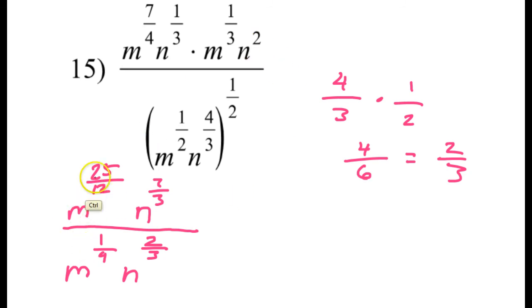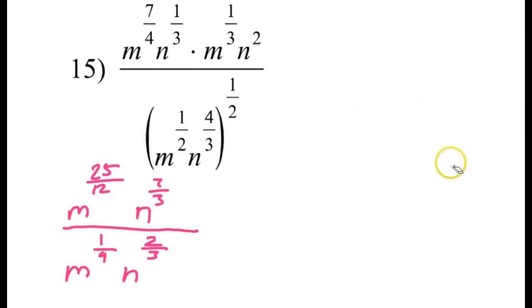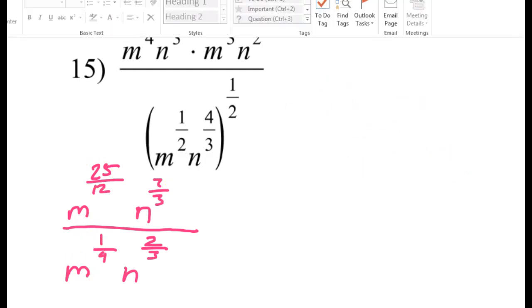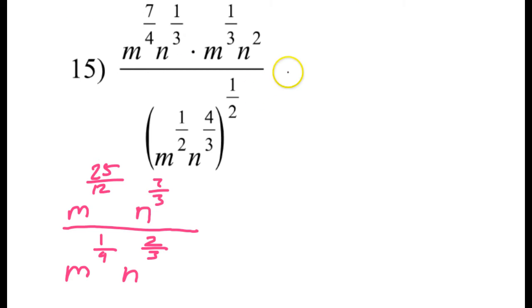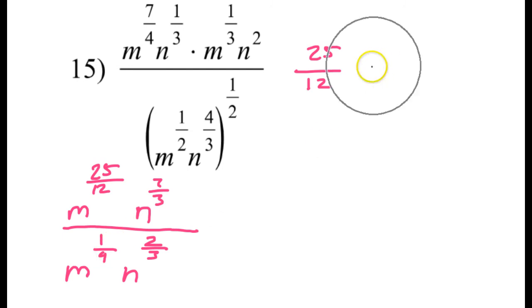So now it's time to simplify by dividing. I have to divide these things. Now when you're dividing expressions with like bases, you subtract the exponents. So what I need to do is 25/12 minus 1/4.